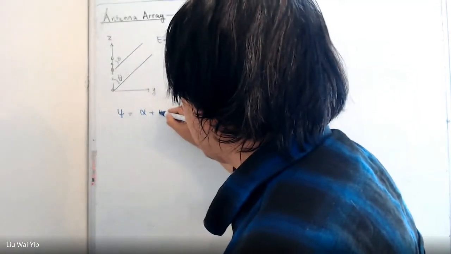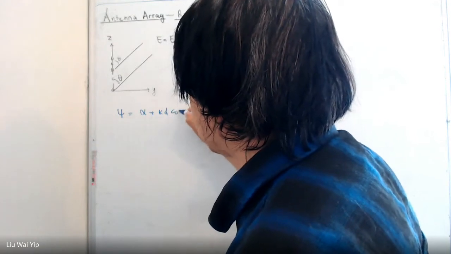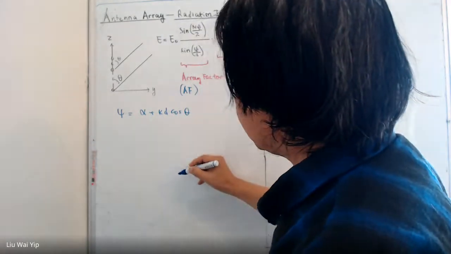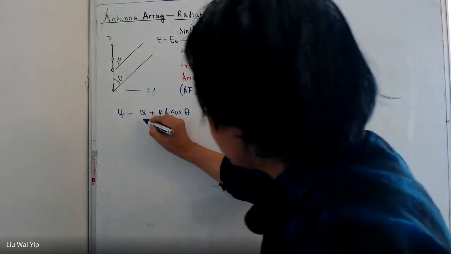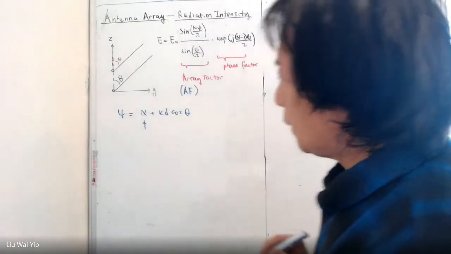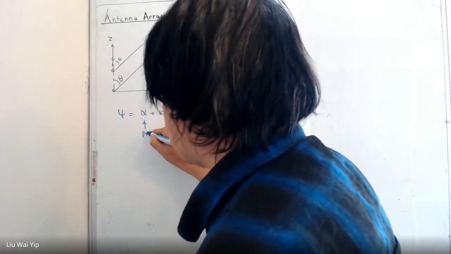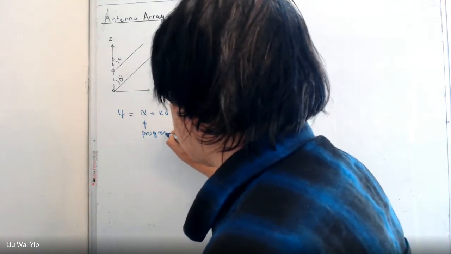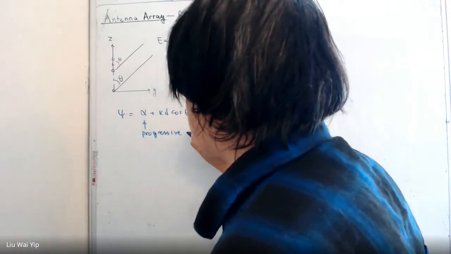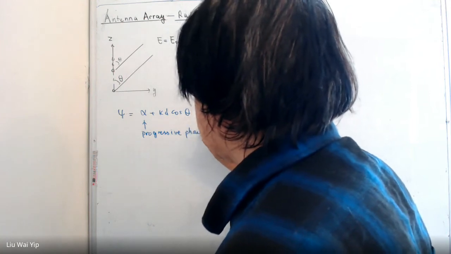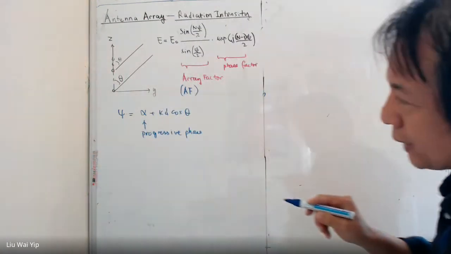It is given by kd cos theta plus alpha, where alpha here is the progressive phasor. It is an artificially added phasor.